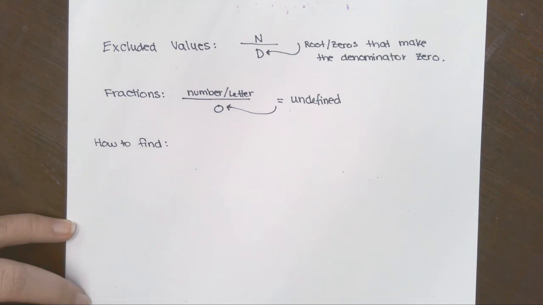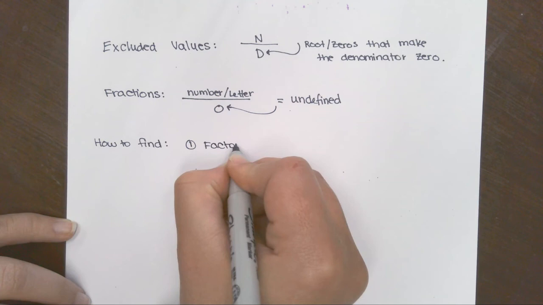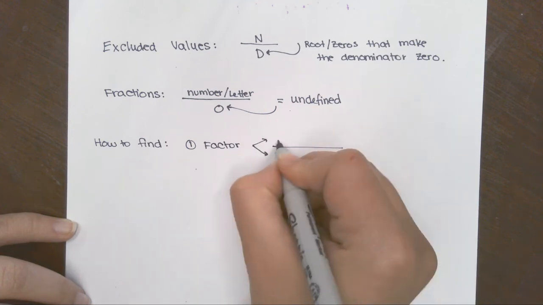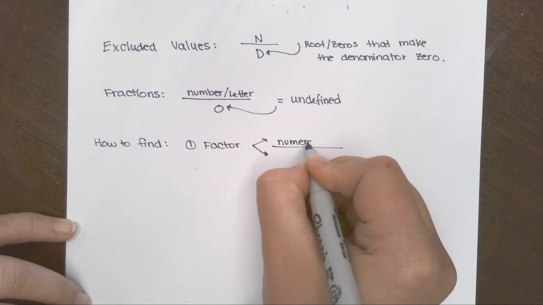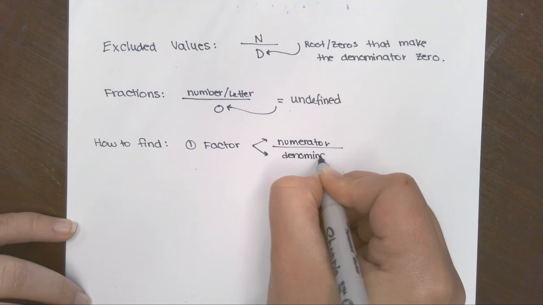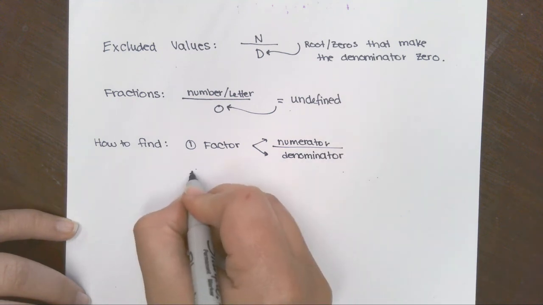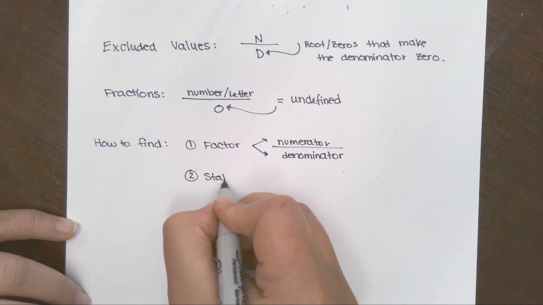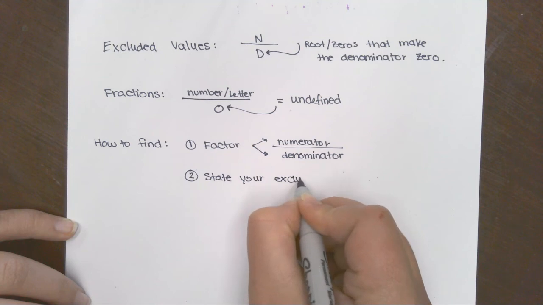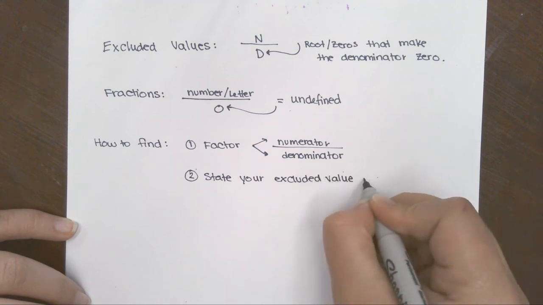You are going to, step number 1, factor your numerator and denominator. Once things are factored, immediately after you factor, you're going to state your excluded values. And you're going to place them in an answer box.